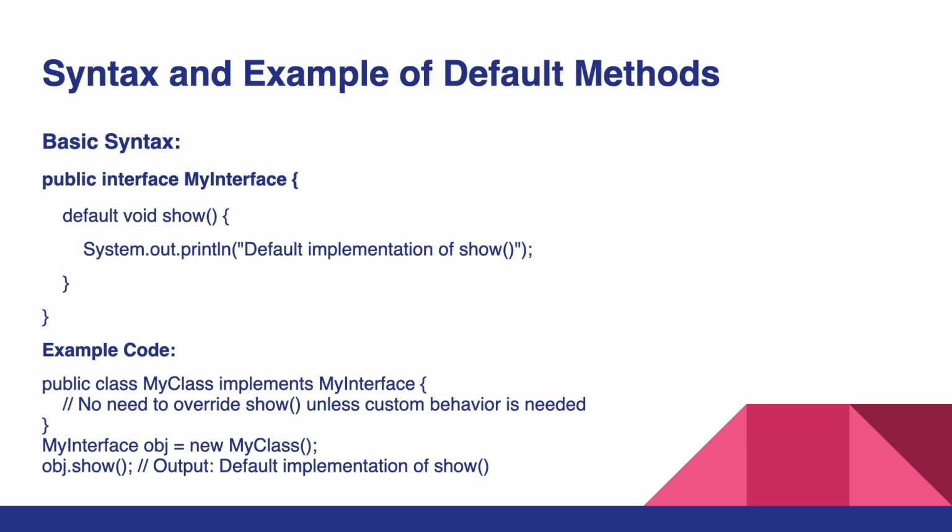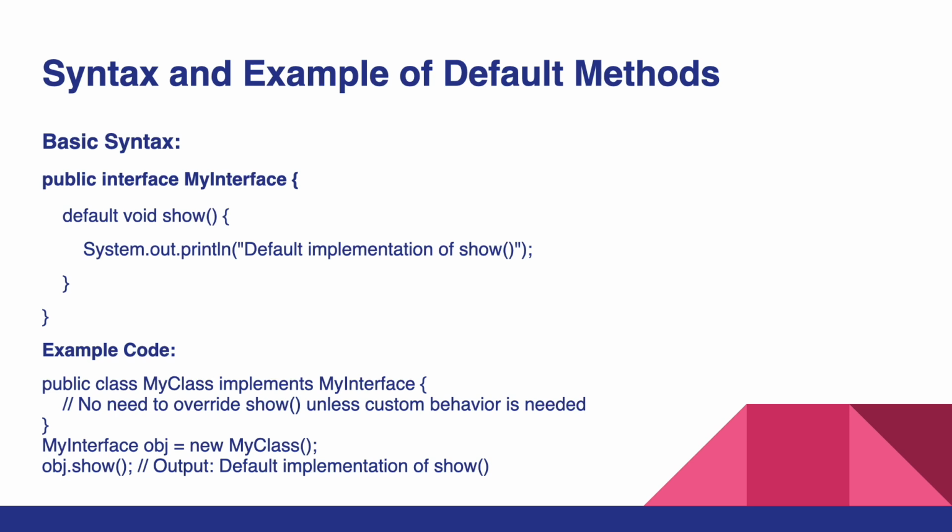Let's take a look at the syntax for creating a default method. Here we have a simple interface called MyInterface with a default method named show. Notice the use of the default keyword followed by the method body.